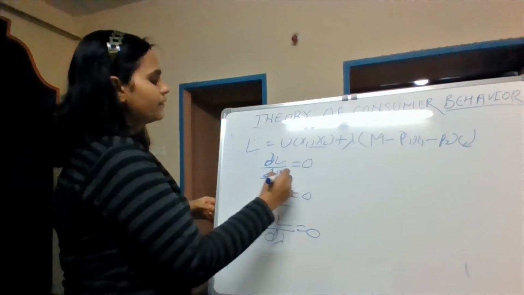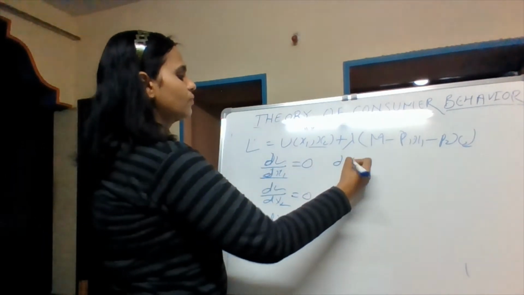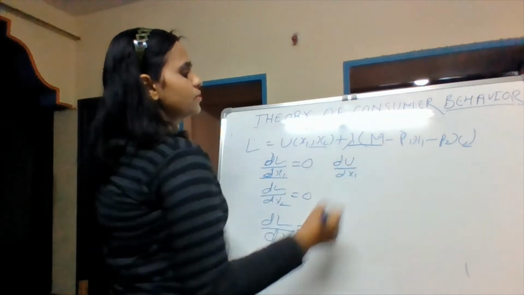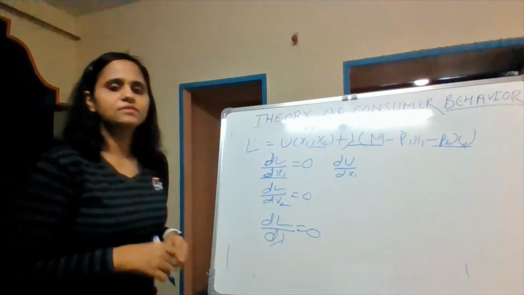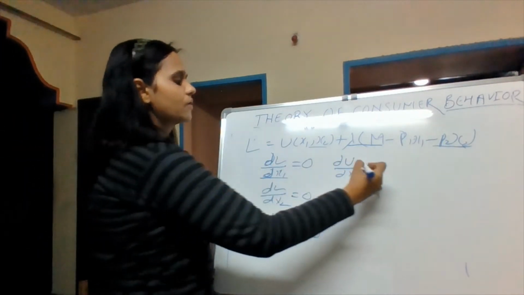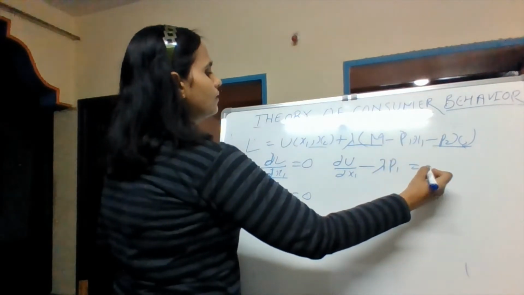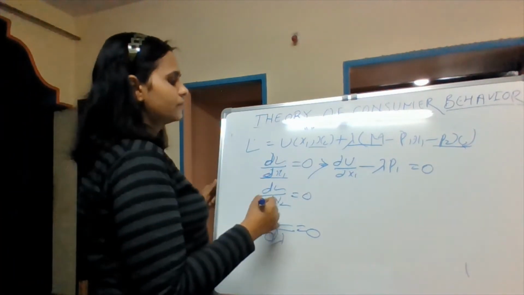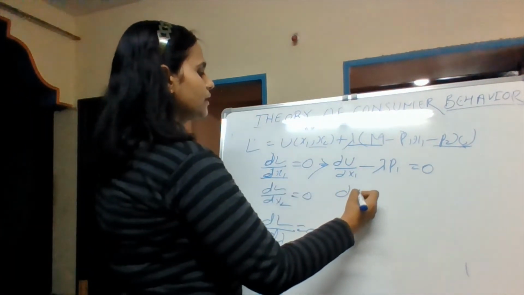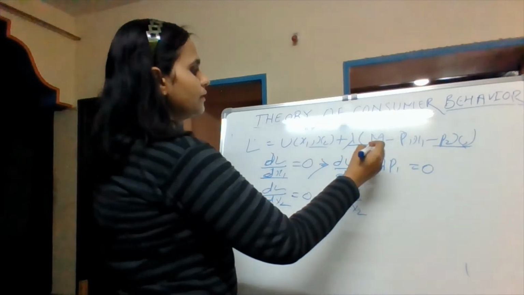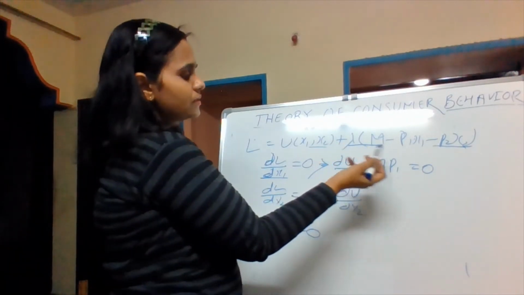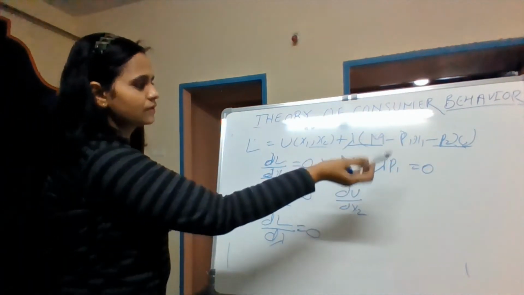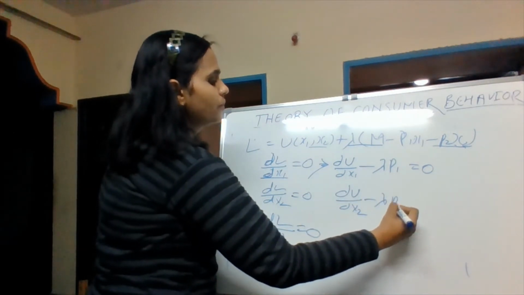Okay. So when we differentiate by dx1, your du by dx1, this will become 0. This will also become 0 because it's a partial differentiation and that becomes constant. So now it will become minus lambda p1 equal to 0. Now we'll differentiate with respect to x2. So du by dx2, then again lambda m becomes 0 because it's constant with respect to x2, and lambda p1 x1 also becomes 0, then minus lambda p2 equal to 0.